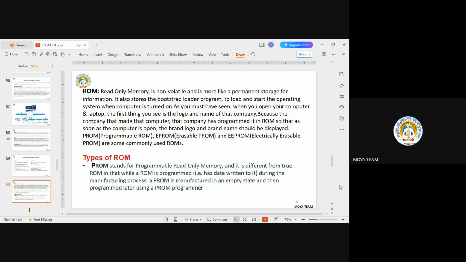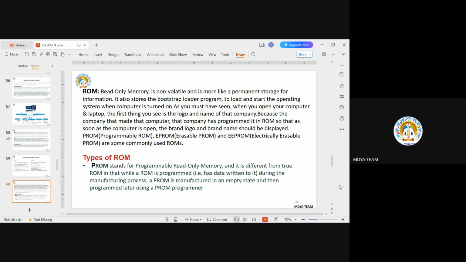It also stores a bootstrap loader program, as we have discussed. That is the starting program. When we switch on the computer, the program runs behind the screen. That program, called the bootstrap loader program, loads and starts the operating system when the computer is turned on.